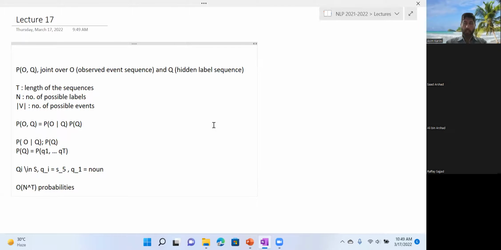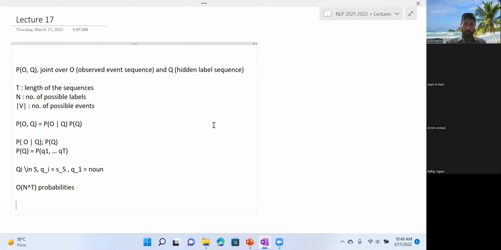T could be quite large, N can also be large. Even if N is 5 or 10, T is definitely large. So you have an exponential number of parameters or probabilities that you need to estimate.